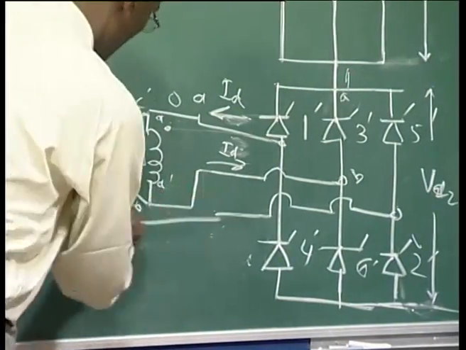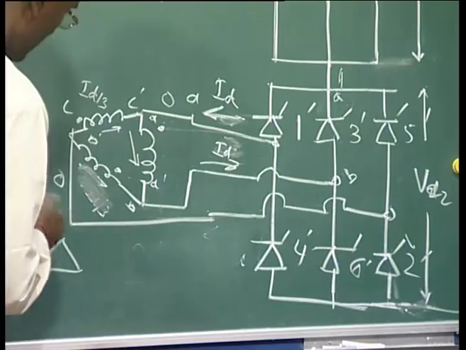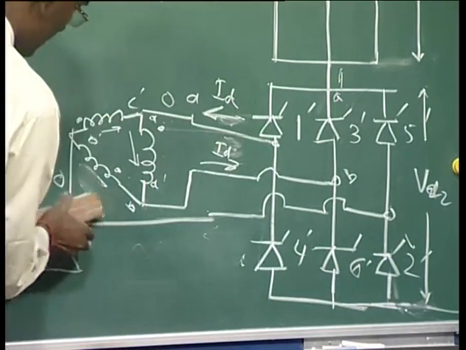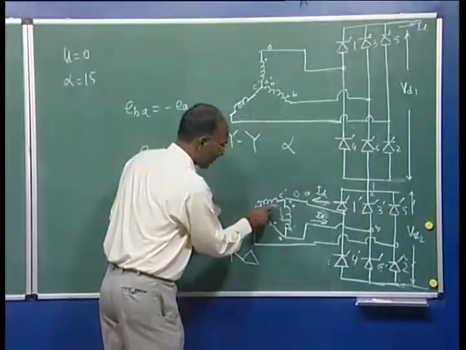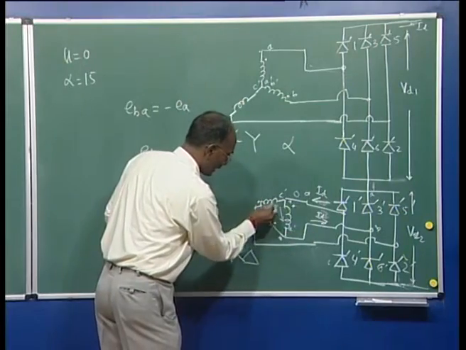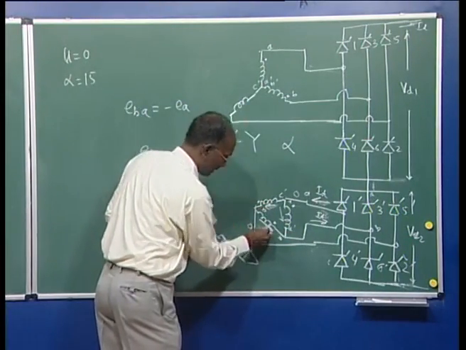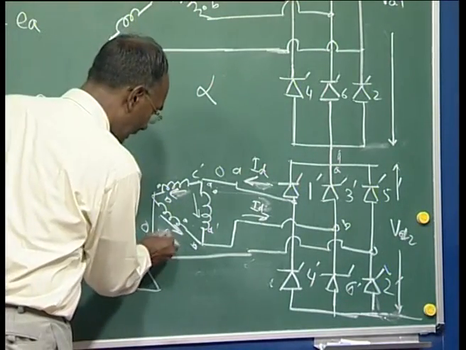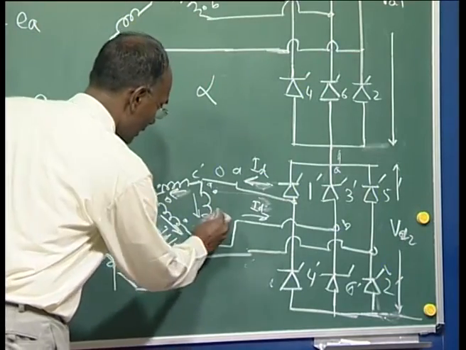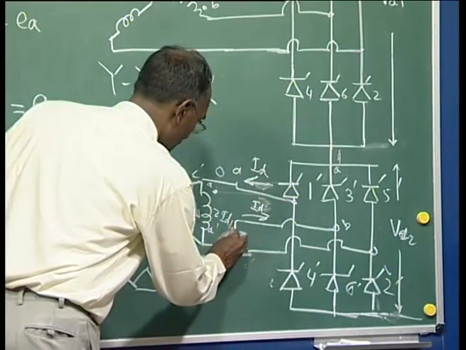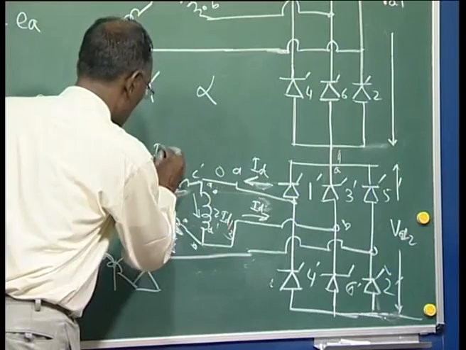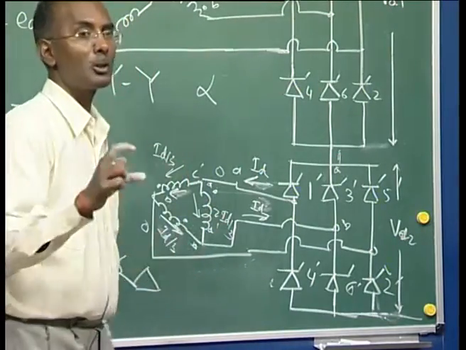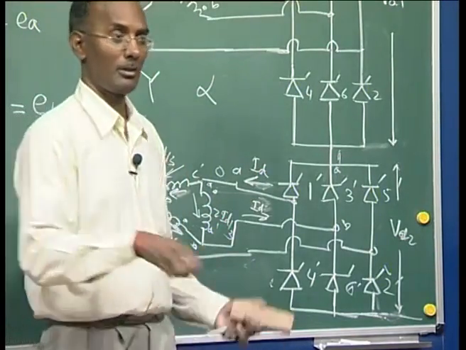Now, this is going, now this is 0. Now, we have to see again the direction of currents here. One will be coming here because it is returning, and another will be here through again here, right. So, in this case now you can see it will be ID by 3, here 2 ID by 3, and here again it is your ID by 3, means it is reduced by half of the previous case.